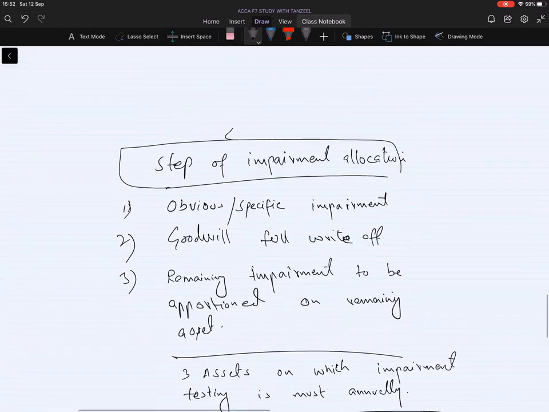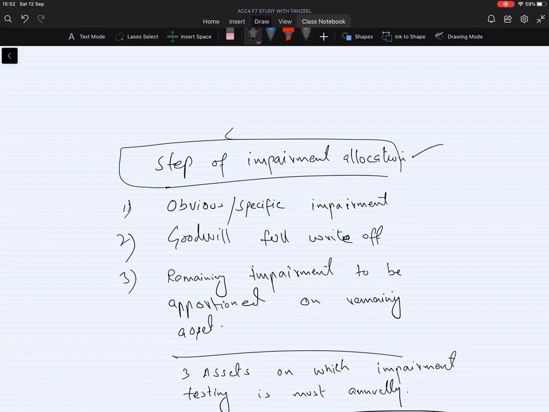So these are the steps of impairment allocation. First, we will do the obvious or specific impairment. Like in my previous example, the van was specific. It was in the question that 4,500 is the recoverable amount and 500 was specifically impaired. We will allocate impairment to the specific asset.